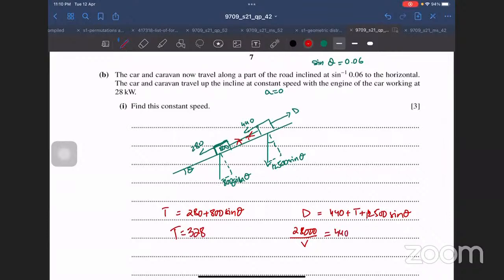So 440 plus 328 plus 12,500 into 0.06. And V comes out to be 18.4 meters per second.